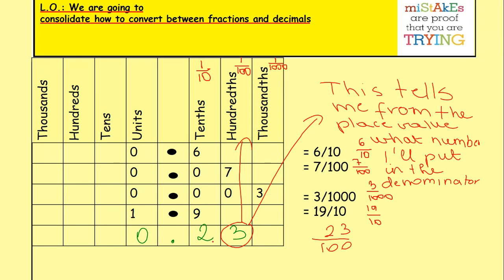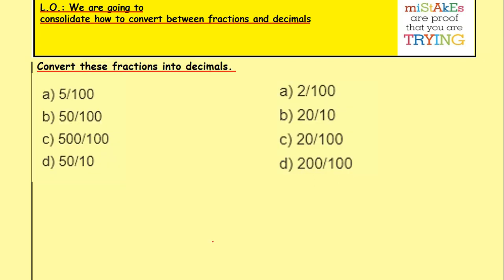Okay, now, what do you think if we go backwards? If I need to convert my fraction into a decimal. So have a look at this one. Okay, so I have 5 over 100. If I'm quickly drawing for you a place value table: here I have the units, here I will have the decimal point, here I will have the tenths, which we know now we can write as a fraction 1 over 10.